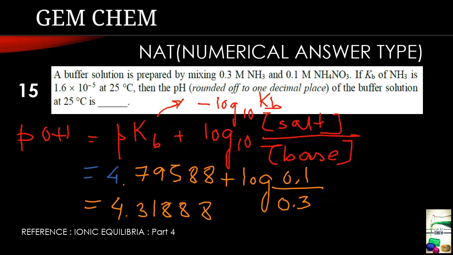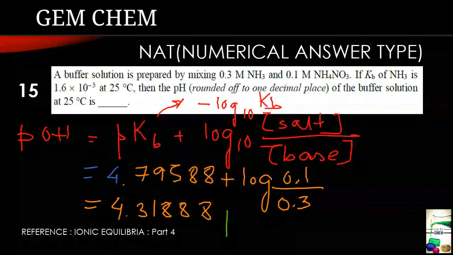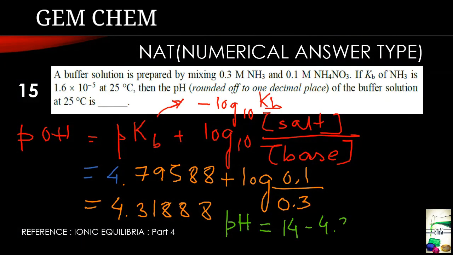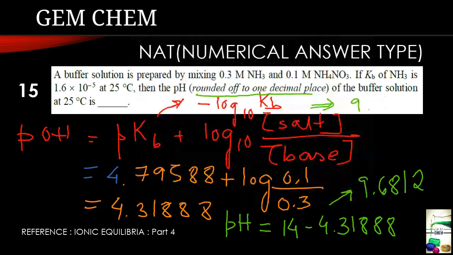Now we require the most important thing, that is the value of pH. The value of pH can be obtained by 14 minus 4.31888, and it comes to be 9.6812. Here it is told to round off to 1 decimal place, so ultimately we get the value as 9.7, because 8 is present, so the value comes to be 9.7.